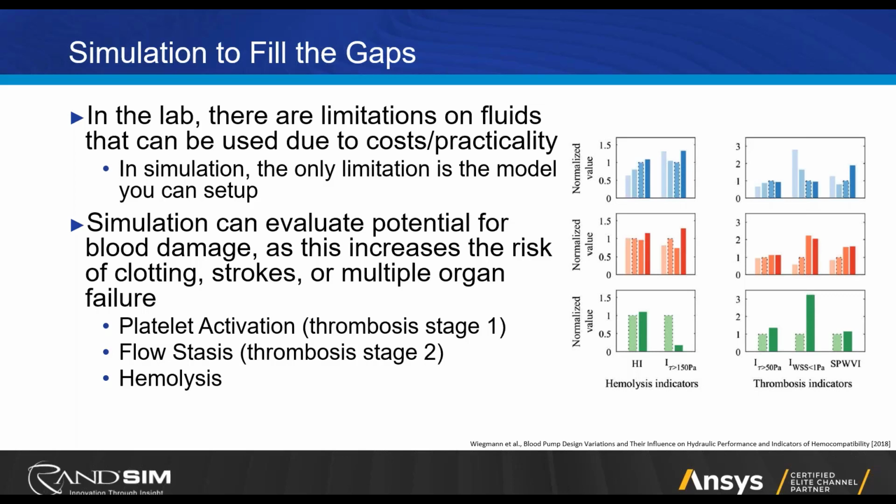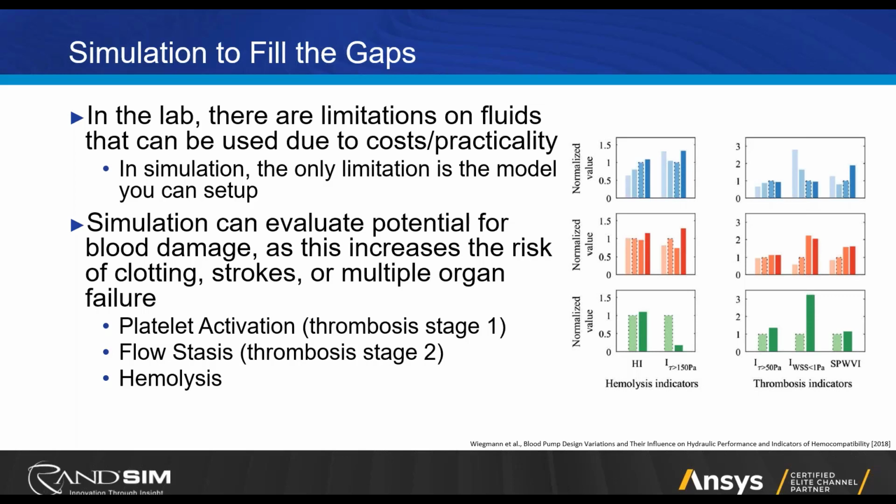And so you can do your validation using a fluid like glycerol. And then when you move over and get closer to that clinical trial, you can start to evaluate how your design functions using non-Newtonian blood properties and potentially implementing a blood damage model. So obviously a big factor in a lot of these designs when you're dealing with blood is blood damage.